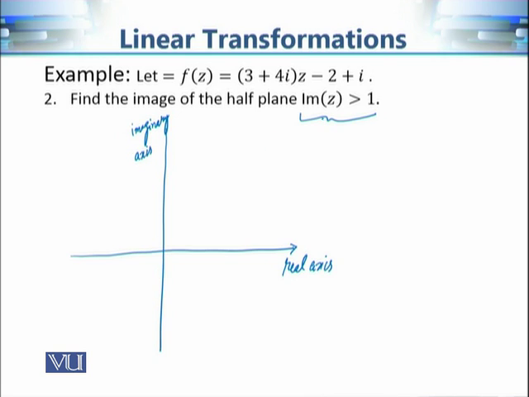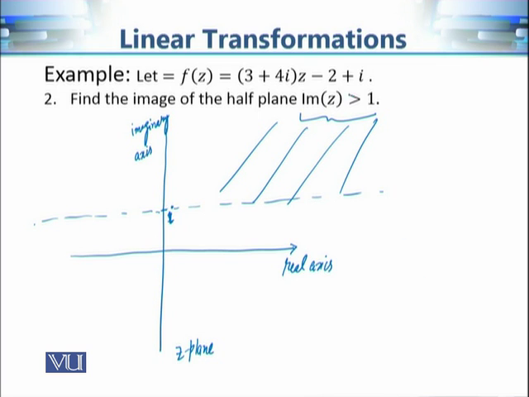Now we want to find all complex numbers in the z plane such that the imaginary part of the complex number is strictly greater than 1. Now if this is 1, in fact this is iota, then we want all complex numbers above this line.